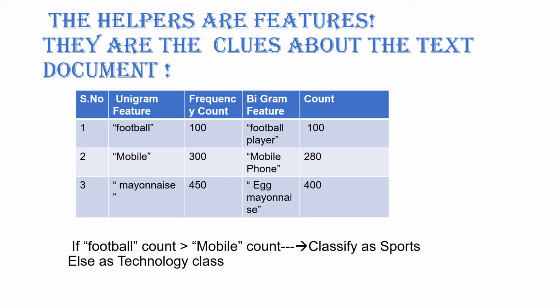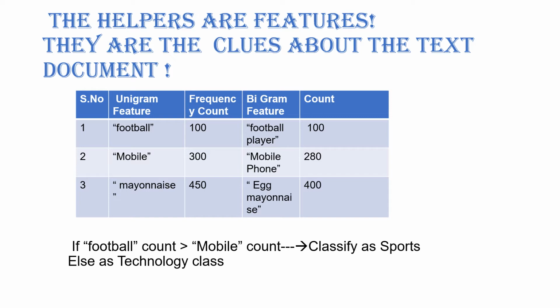Let's say I find the word football, and I calculate the frequency count of it. Frequency is a very interesting factor, because the more times a word occurs in a document, the more influence it has towards that document's topic.